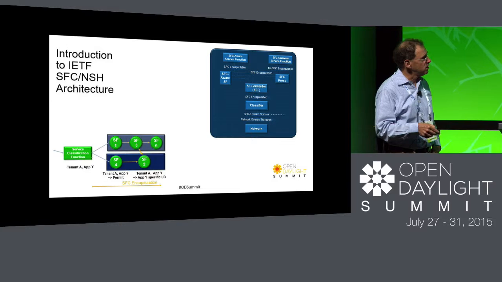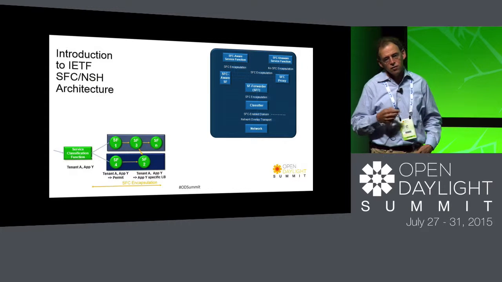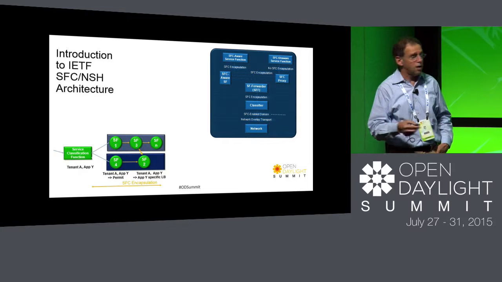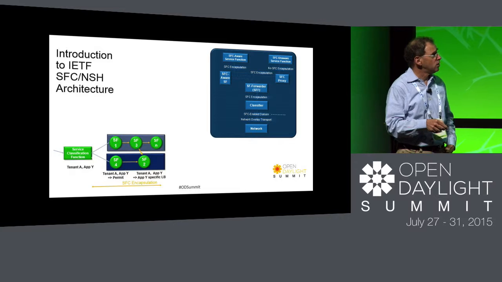But once you did it, we would like to go into SFC encapsulation, which in our case, in ODL, is going to be NSH. And this element of the architecture, the SFF, is the traffic cop, or the highway patrol, if you want.